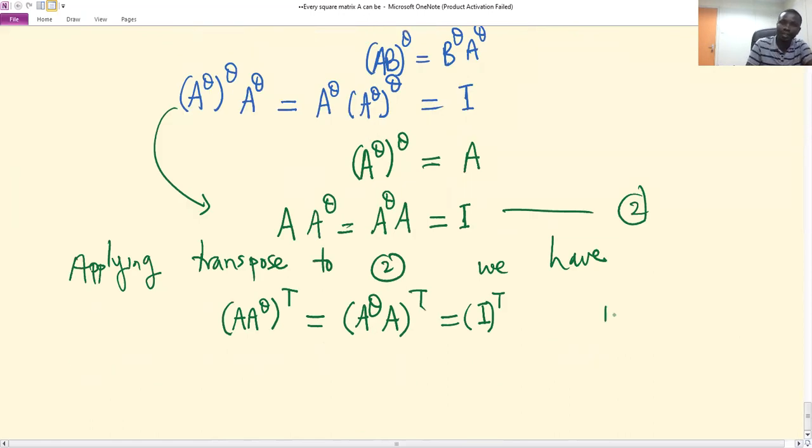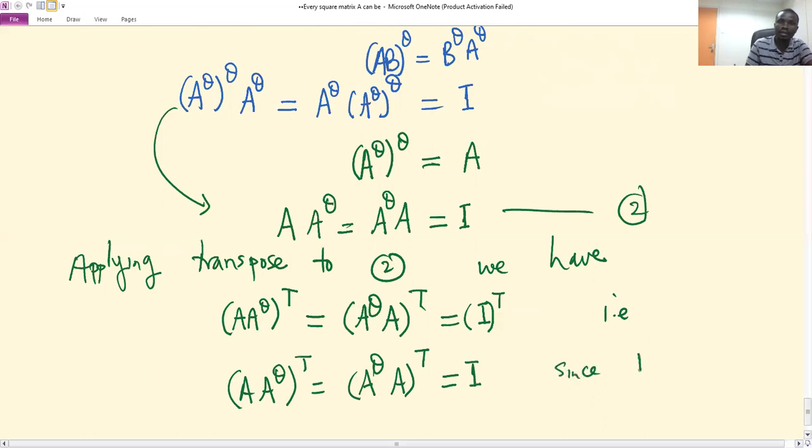And this is the same result as saying A transpose A power theta transpose equals A power theta transpose A transpose equals just the identity matrix, since the identity matrix transpose is the same as the identity matrix itself.